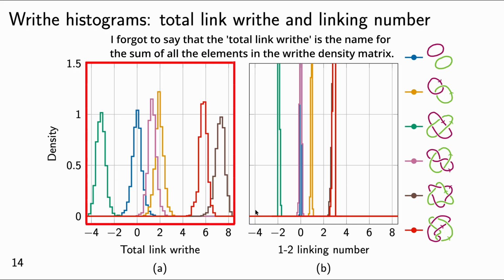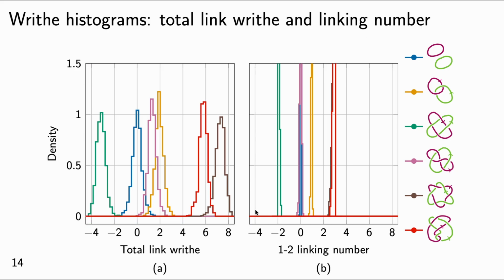This is to say that in the training data, most of the Solomon links, that's the green guy, have a total link Writhe that's around -3. Most of the unlinks have a total link Writhe that's around 0. And so a machine learning network will easily be able to tell apart these two just based on adding up all the numbers in the Writhe density matrix.